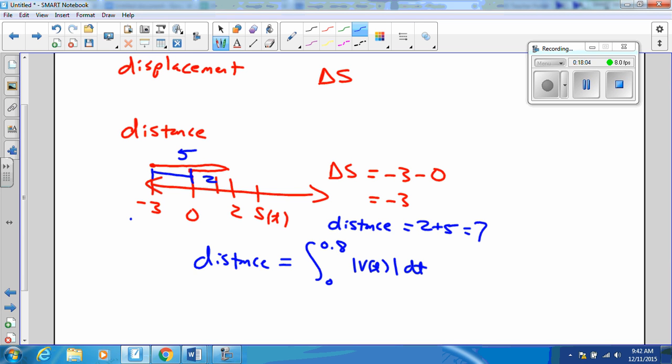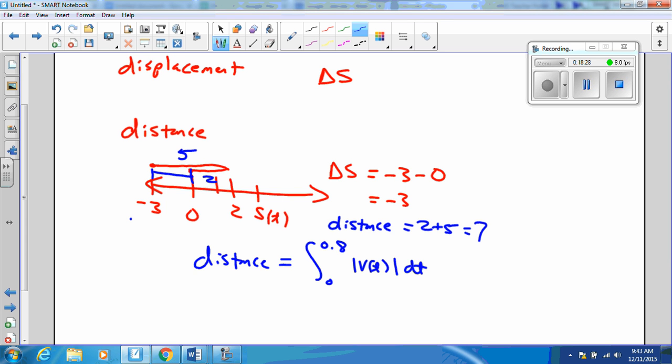Yeah, that's right. And that's why it's so confusing: if you are dealing with only positive velocity, absolute value of v of t is v of t, so the distance traveled is the displacement if the velocity is all positive. And that's why people interchange the two so frequently.